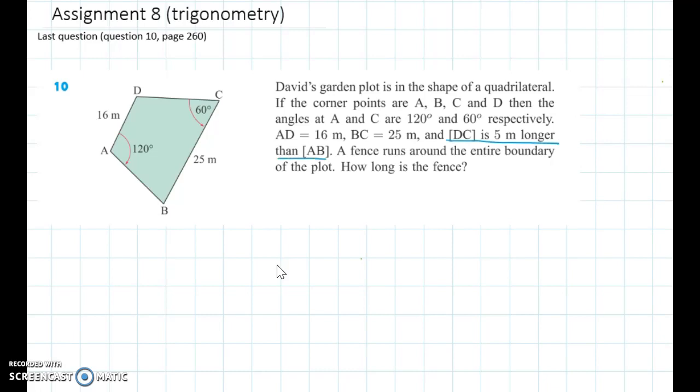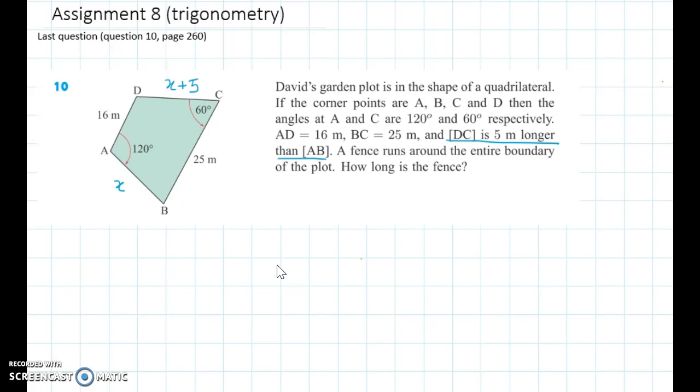So let's say we call AB X. So then CD is going to be X plus 5 because it's 5 meters longer. We need to find the length of a fence that goes all around the quadrilateral. So we need to find the perimeter of the quadrilateral.